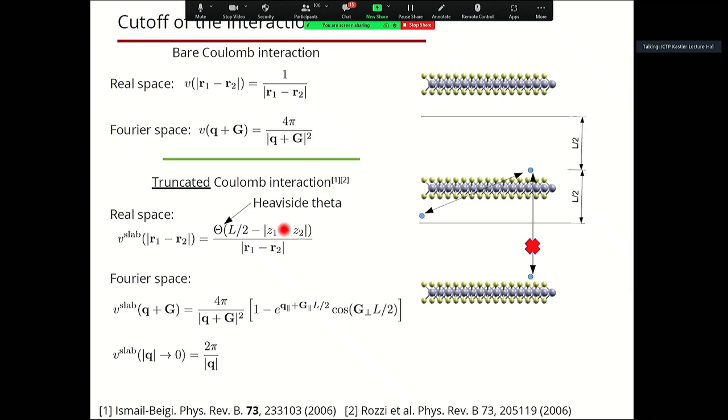If we perform the Fourier transform of this expression here, we find this expression here, which is the one that should be used instead of the bare Coulomb interaction. We can see here that in the long wavelength limit, we have a different power law.